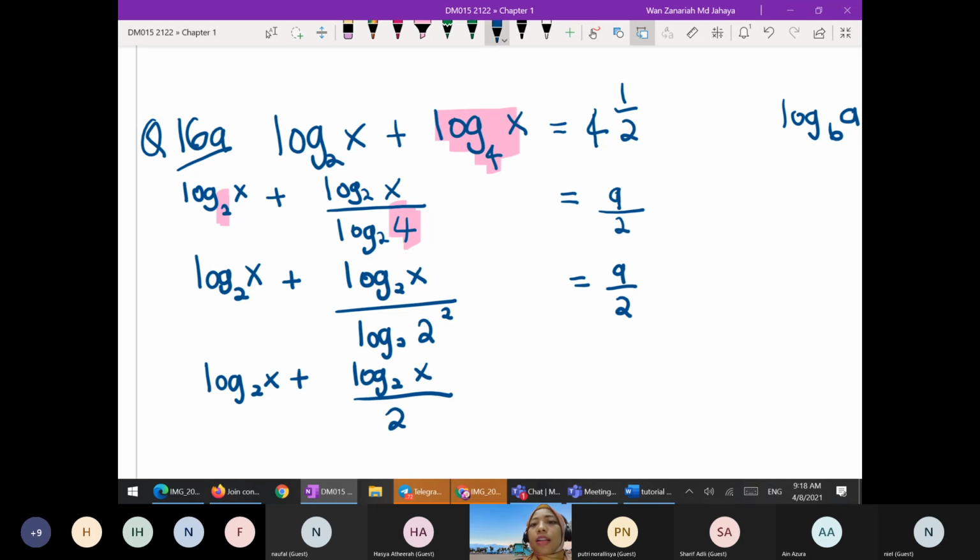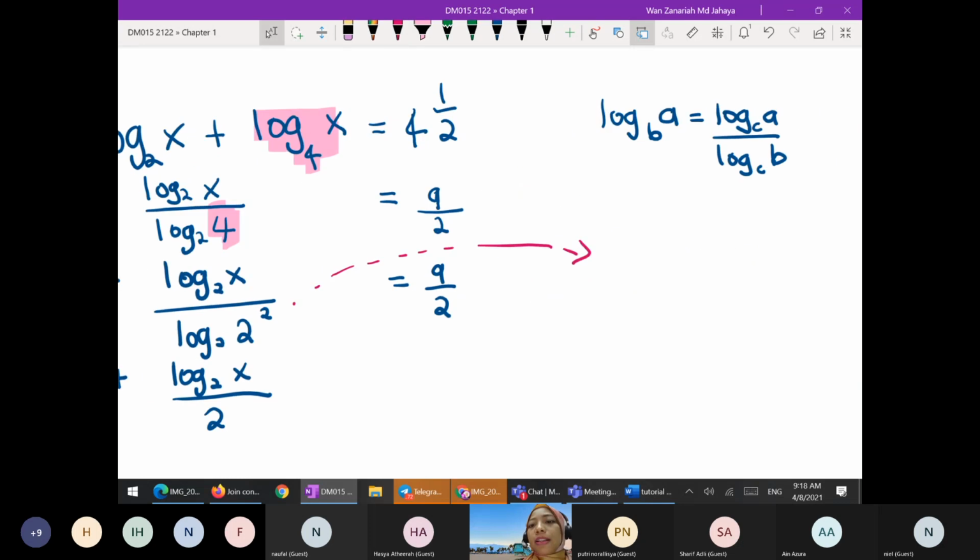Properties apa? Ada dua properties yang digunakan di sini sebenarnya. Apakah properties yang digunakan di sini? Yang pertama adalah log A base B to the power of M adalah M log A base B. Okay, dan properties yang kedua yang digunakan adalah log A base A equals to 1.